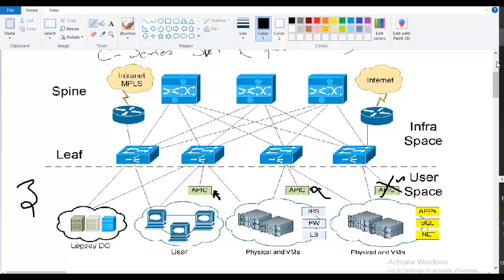Now spine. When we talk about spine switches, this is going to act like a route reflector. If you have done any BGP class, you might have heard about route reflector.